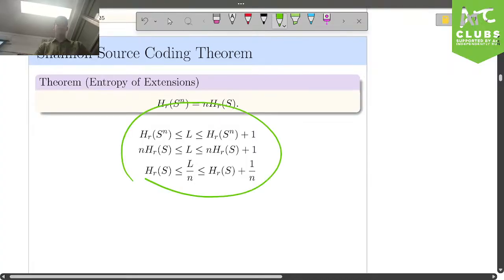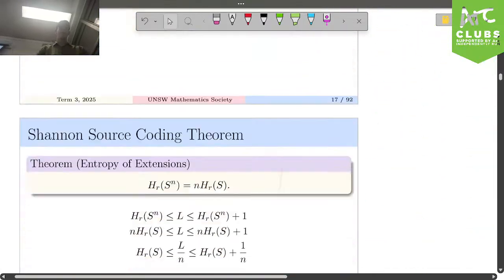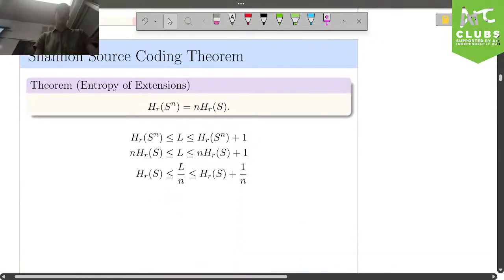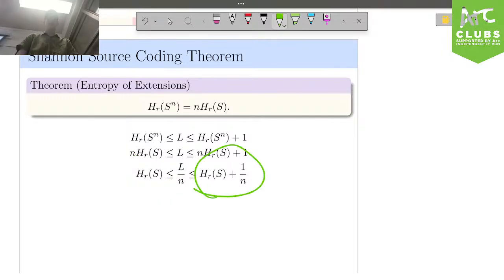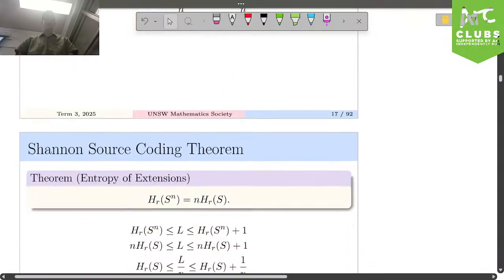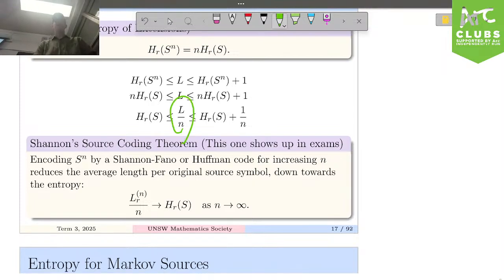And you can use this to motivate what we're going to say next, which is quite a nice theorem, that if you rearrange this equation based off the inequality we saw before, in terms of using the Shannon-Fano code with this entropy of extension for a particular set of source symbols, then you can see that with this expression, which we saw yesterday as the average code word length per original source symbol, that is going to be bounded below and bounded above, and we can see that this 1 over n, if we take the limit as n approaches infinity, is going to go to 0, and by the sandwich theorem, if you're familiar with that from Math 1A, it's going to say that L over n is going to be in the limit exactly equal to the entropy.